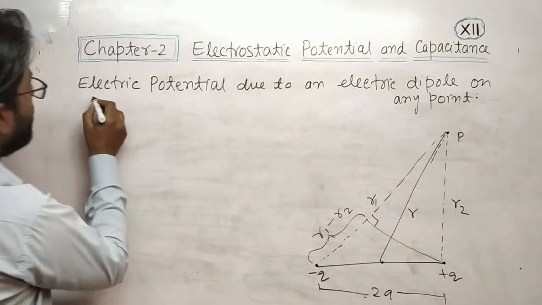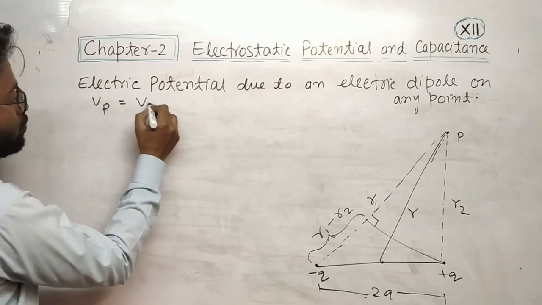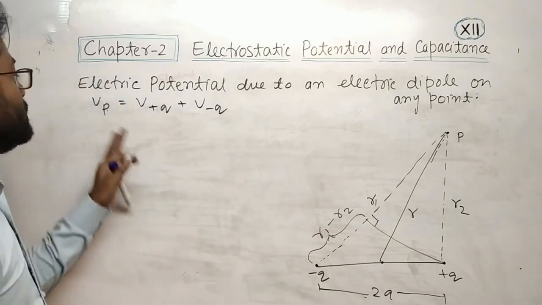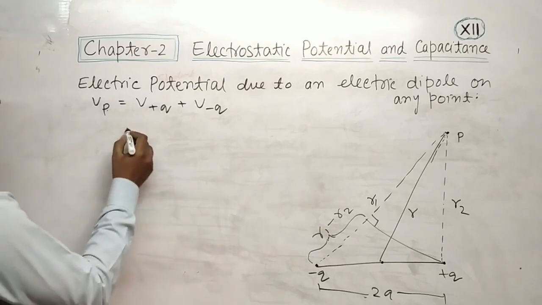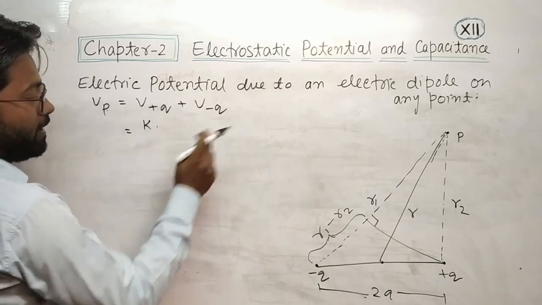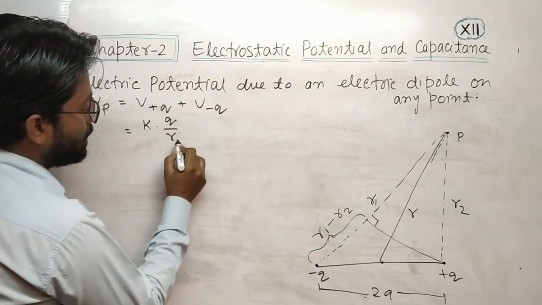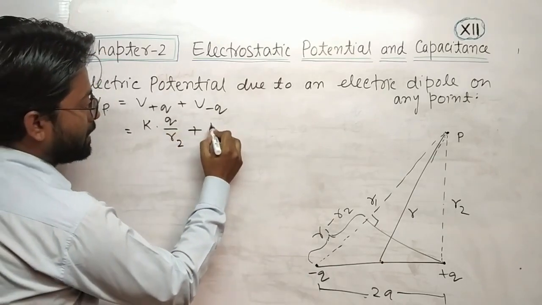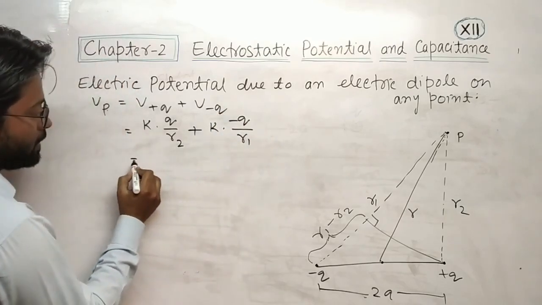That means potential at point P is equal to potential due to positive charge plus potential due to negative charge. That will be equal to what? K by the positive charge, Q upon R2, plus K times minus Q upon R1.